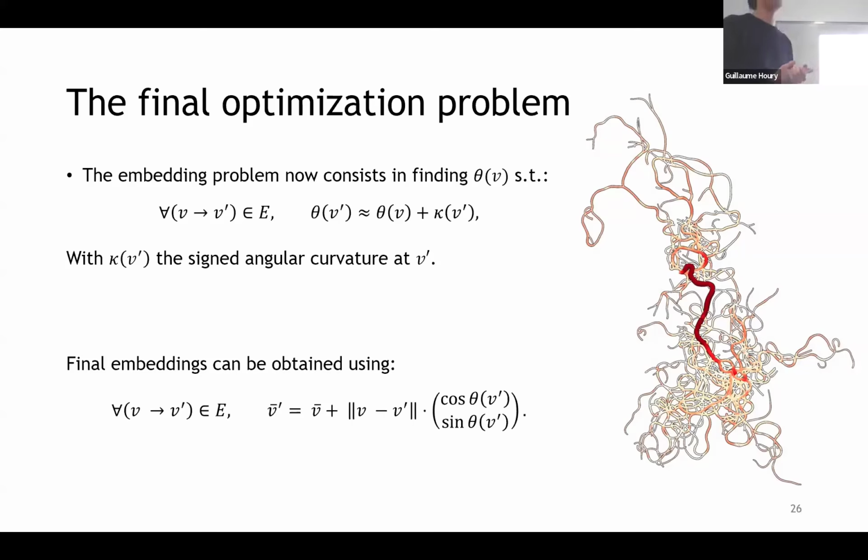So now we need to find a way to obtain a correct intersection-free embedding of this tree structure by playing on the approximation here, so that we obtain something that we can actually work with.